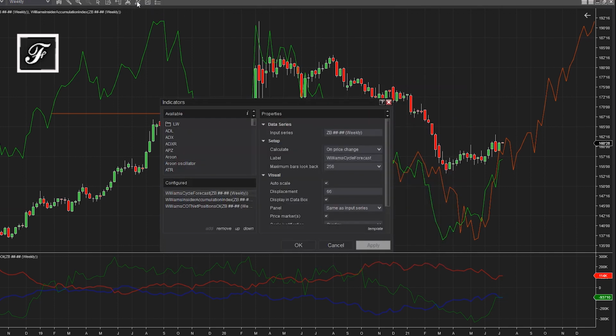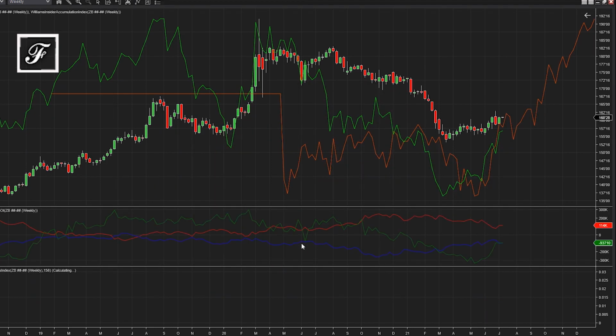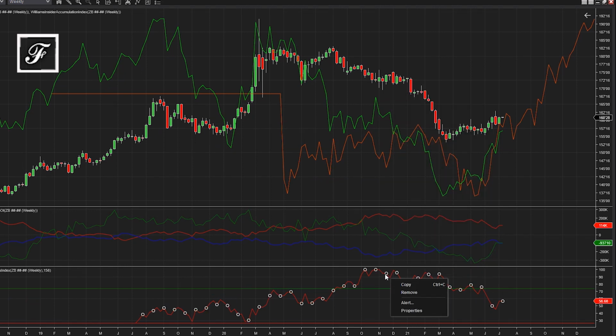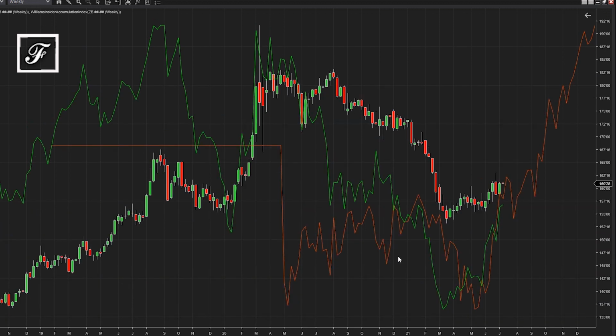Okay, let's move on and check commercials index. Commercials index is neutral as well. So I'm actually not ready to jump in right now. Besides, insider accumulation is somewhat neutral.